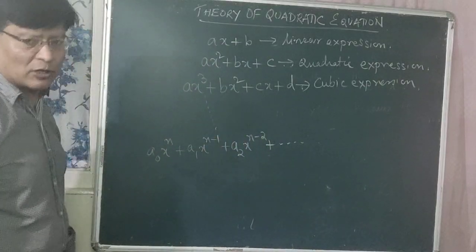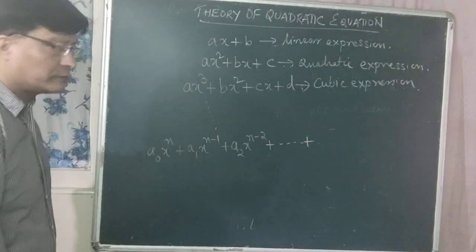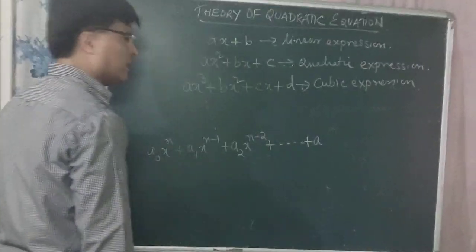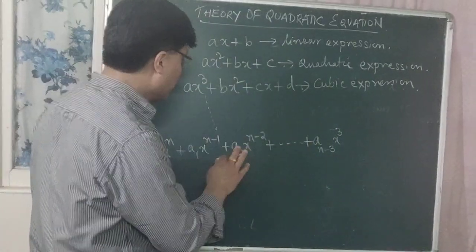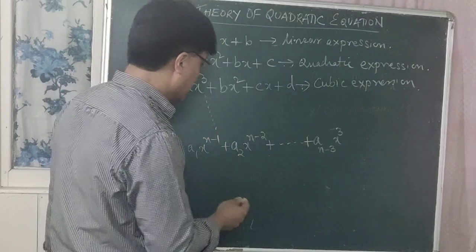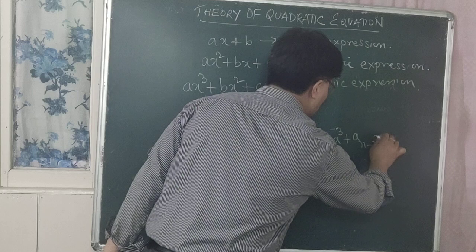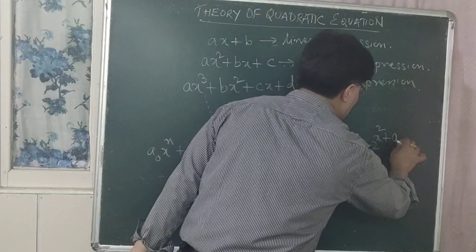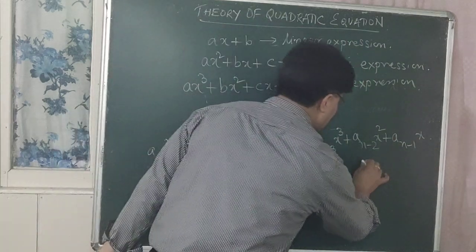There are other terms also. Then plus a n minus 3 x cube. Now the power of x will be decreased by 1, plus a n minus 2 x square, plus a n minus 1 x plus, what is the last one?